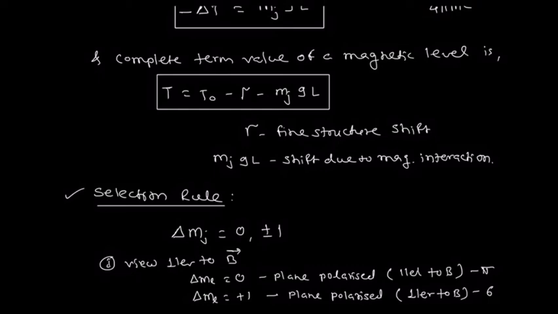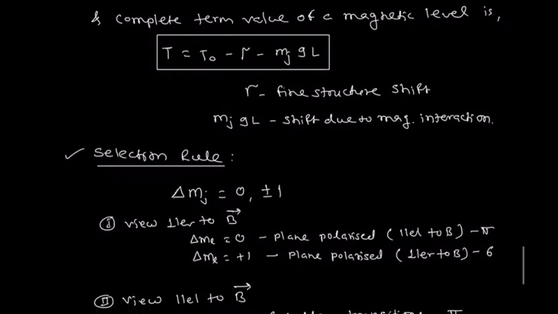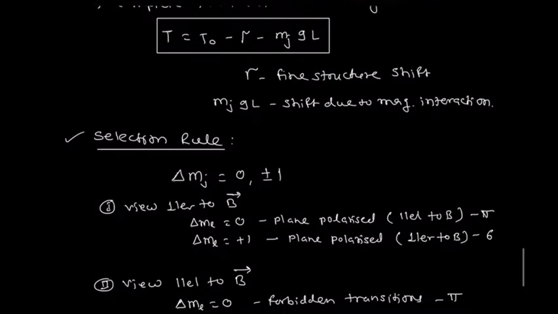Hence, delta Mj should be 0 or plus 1 or minus 1. Now, when we get delta Mj 0, when it is plus 1 and minus 1, it depends upon our observation view whether it is perpendicular to B or parallel to B.